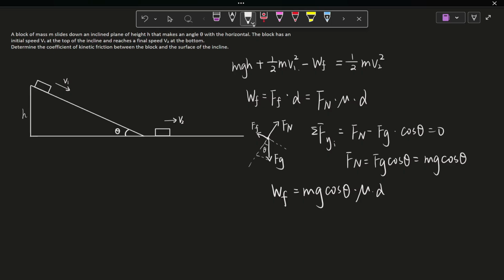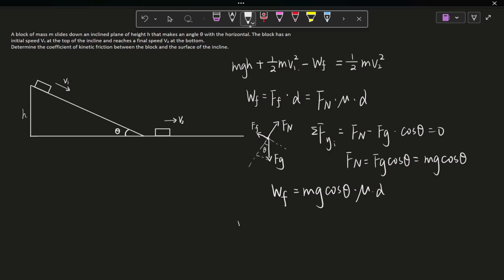Well, before we plug it back into the original function, we should simplify it to the version that we love to see. For example, we will put the work done by the friction on one side and the other expressions on the other side.